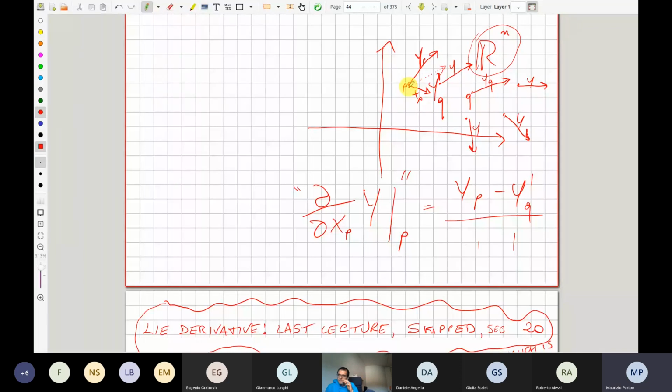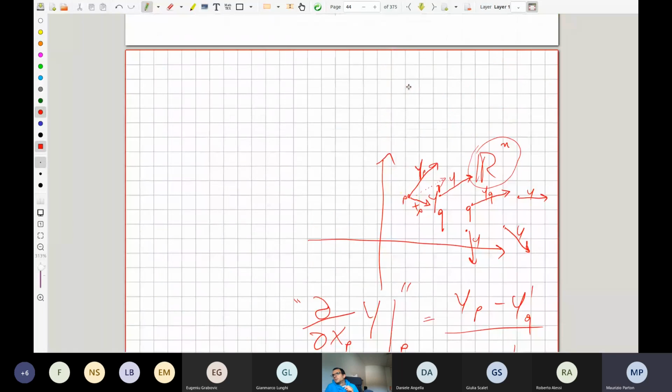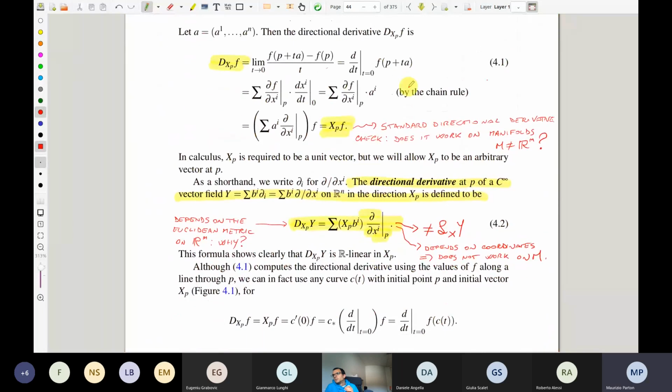Okay. If I want to do this in Rn, I'm just taking the derivatives of the coefficients of the vector field, assuming that the vector field y was given with these coordinates.